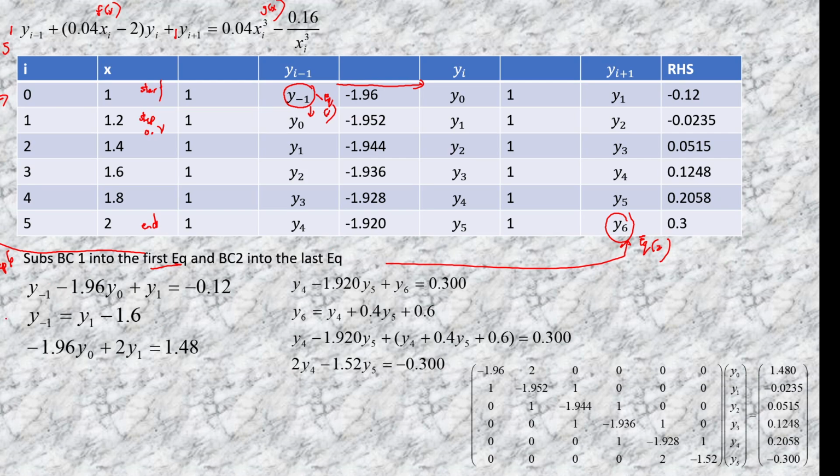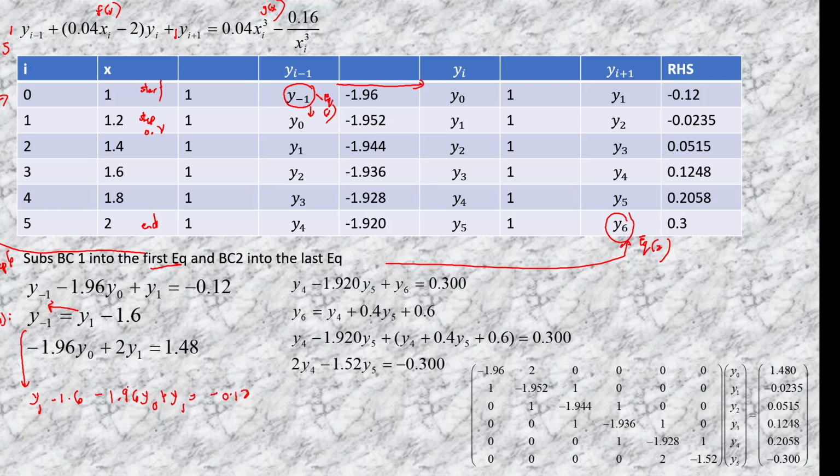This one is actually from equation 1 that you obtain in step 2. Y negative 1 is equal to y1 minus 1.6. Hence you replace here y negative 1 with y1 minus 1.6. So you get y1 minus 1.6 minus 1.96 y0 plus y1 equal to negative 0.12.